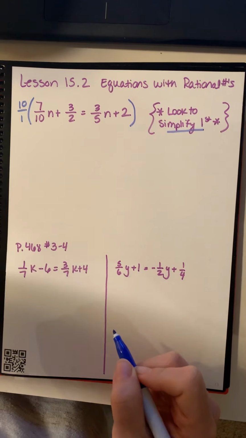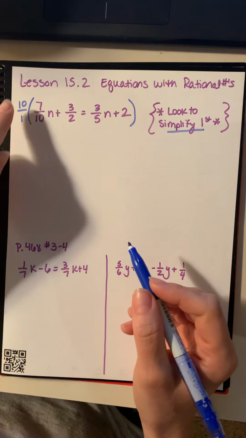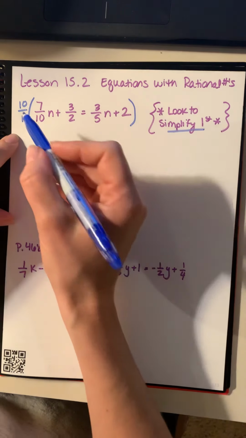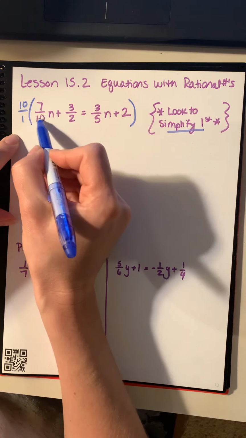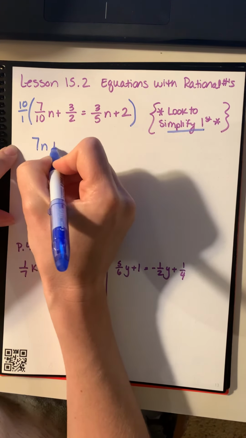Some of you have seen already what this is going to do. So let's go ahead and distribute this 10 over 1 to every single term here. When I do 10 over 1 times 7 over 10, notice my 10s cross cancel, and I'm left with 7n.